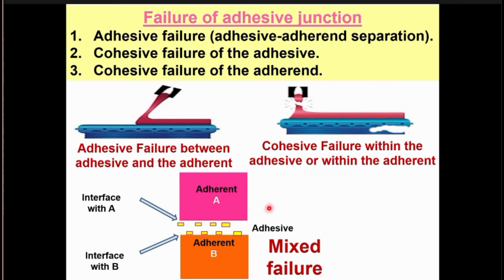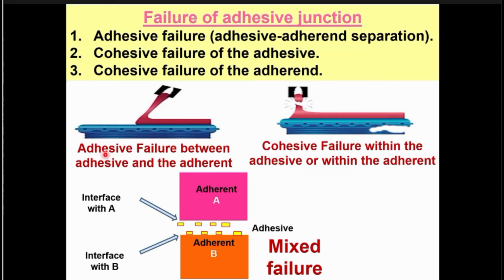Okay, what we get from this slide, failure of adhesive. For example, if we are getting failure of this type, what do we need to improve? And if we are getting failure of this type, what do we need to improve?